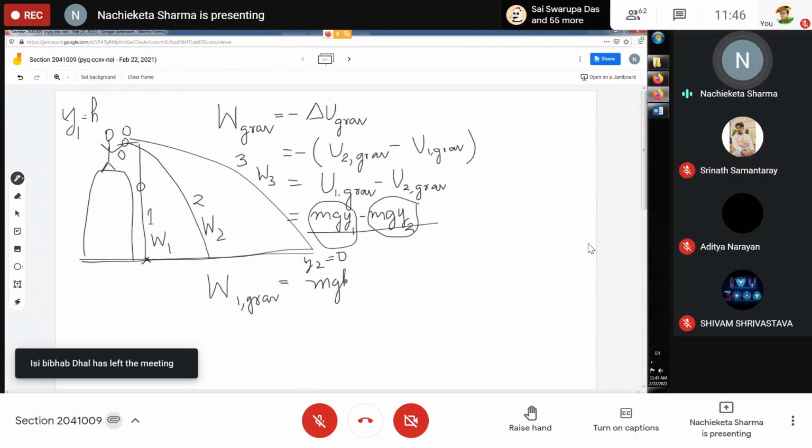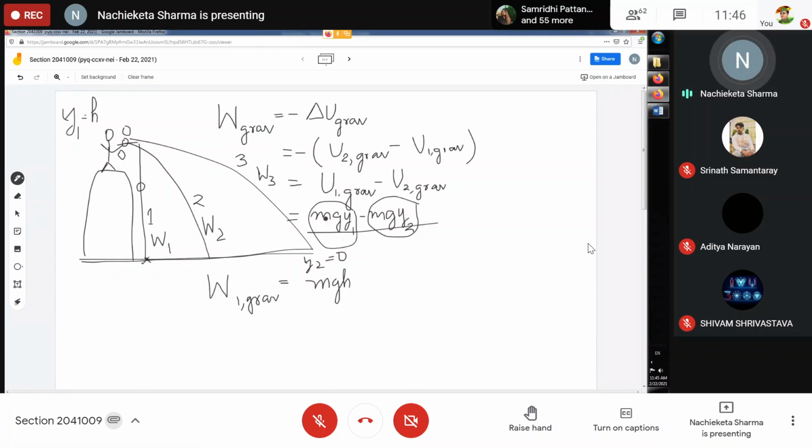So I will get MGH. Similarly for W2, same: mgy1 minus mgy2. y2 is 0, y1 is H. So again for W2 also, I will get MGH. I am getting the same thing. And for W3 also, I am getting the same thing.